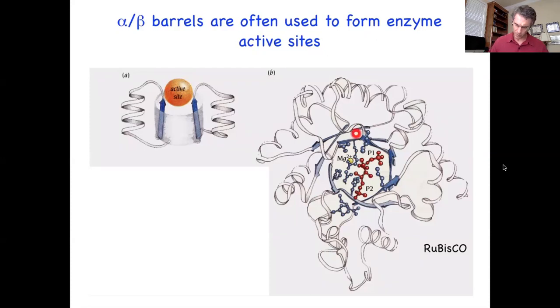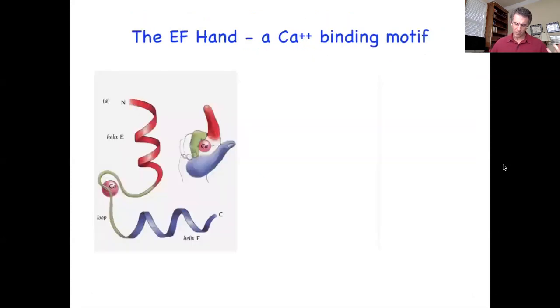The central core is that parallel beta barrel, with those buttressing alpha helices around the outside. That central parallel beta barrel turns out to be a fantastic way to build an enzyme active site, to interact with stuff and do chemistry. This is also sometimes known as a TIM barrel, for the enzyme triose phosphate isomerase that we're going to see again before long.